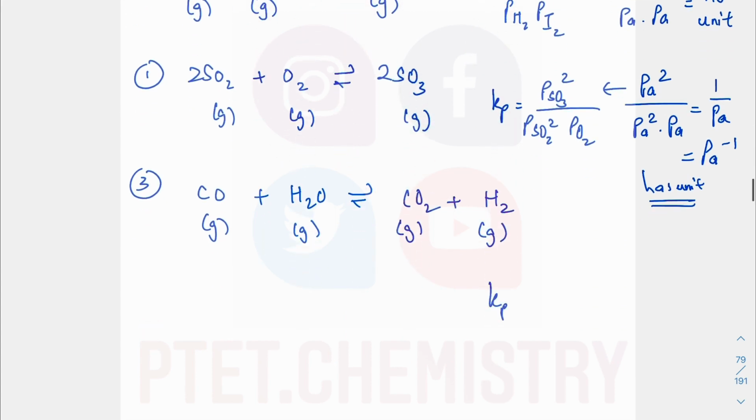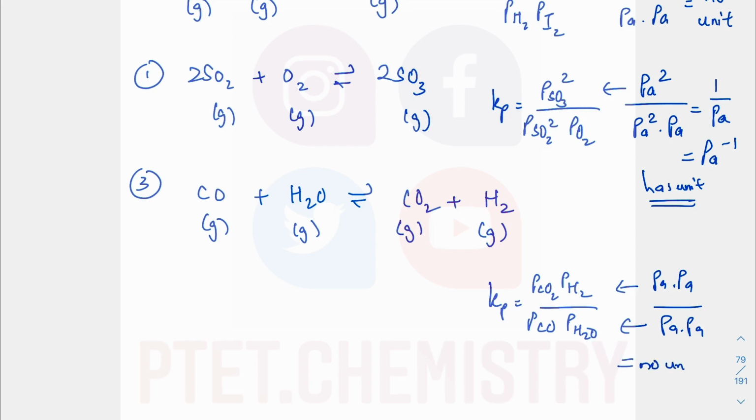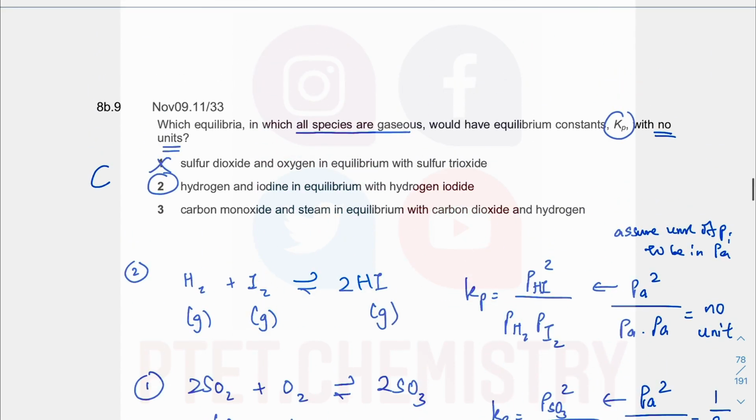Kp is just PCO2 times PH2 over PCO times PH2O, everything to the power 1, because this equation is balanced with 1 in front of all the reactants. This will be Pascal times Pascal divided by Pascal times Pascal, no unit. As you have worked out, because number 2 was right and number 1 was incorrect, 2 and 3 must be correct by logic.